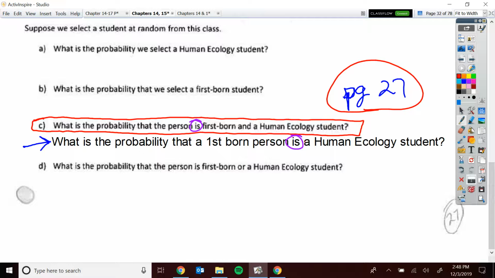Okay, for the second one here. And what made you decide that your denominator was 113? Good, because the group we are pulling from is the firstborn persons. And as opposed to the statement above it, which says what?